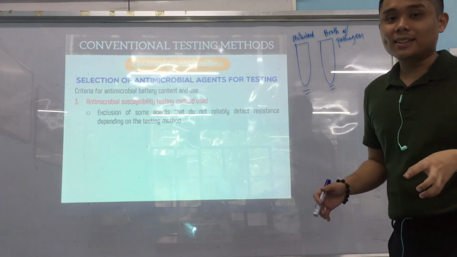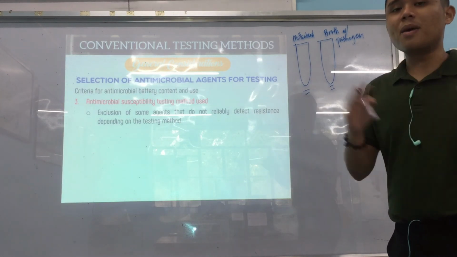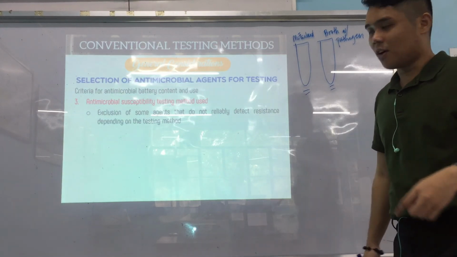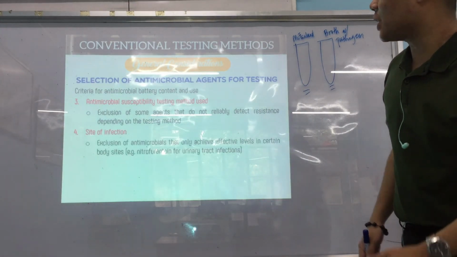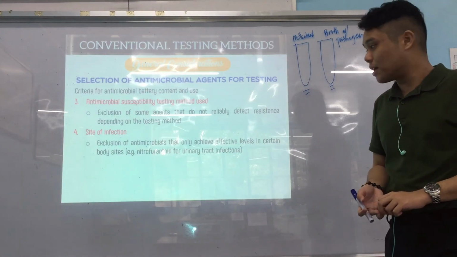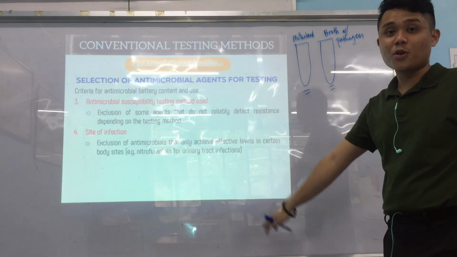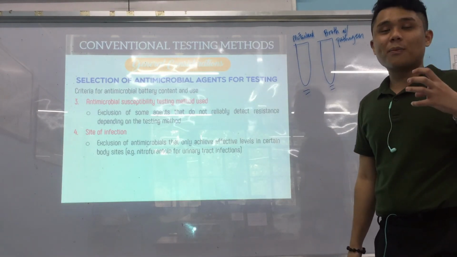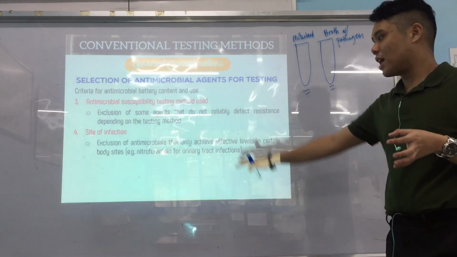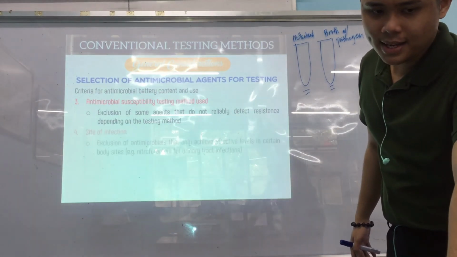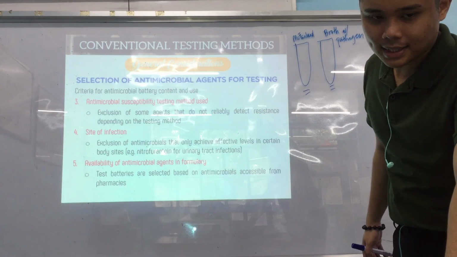If other methods can detect the resistance, then we use those. And site of infection: we exclude antimicrobials that only achieve effective levels in certain body sites. For example, nitrofurantoin is effective only for UTIs or urinary tract infections.